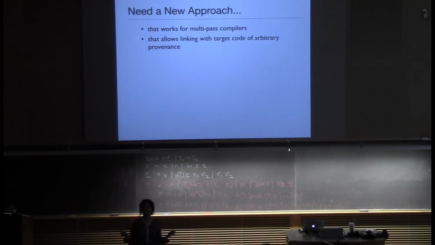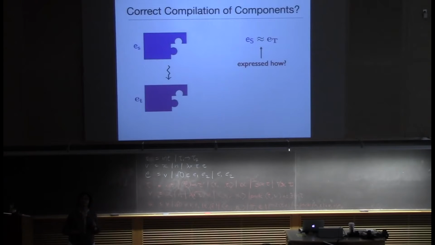We honestly do not know if even this approach scales to realistic compilers. All right? But what you're going to see is another way of using logical relations with another idea, but this time to prove compiler correctness theorems that do allow both multipath compilers and linking with arbitrary code. Okay? So let's go on.